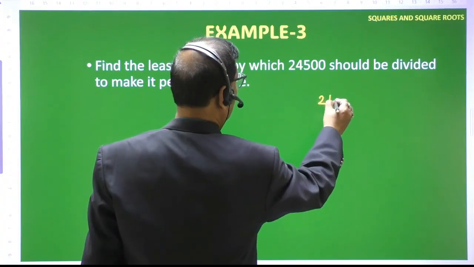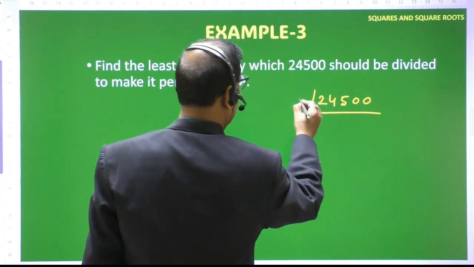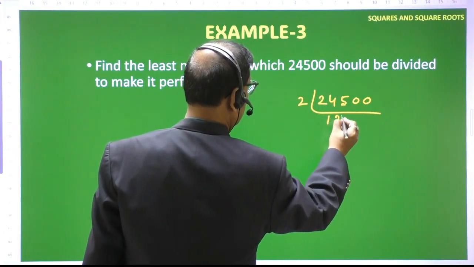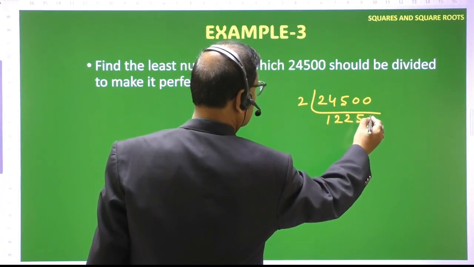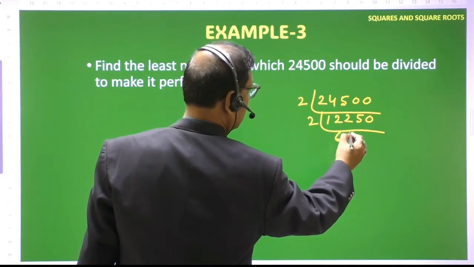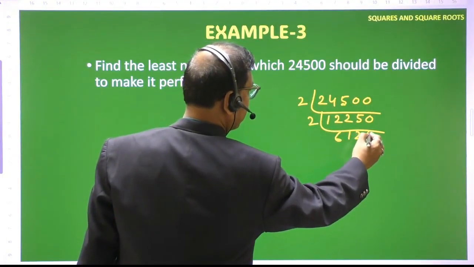So 24500, divide by 2, 1 2 2 5 0, again 2 6 1 2, yes, and 5.